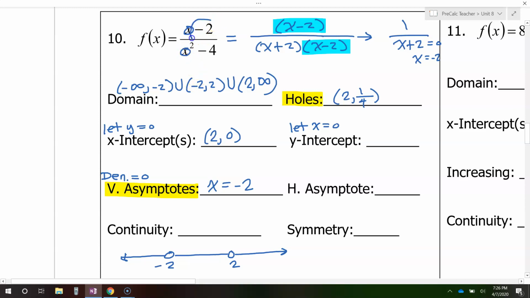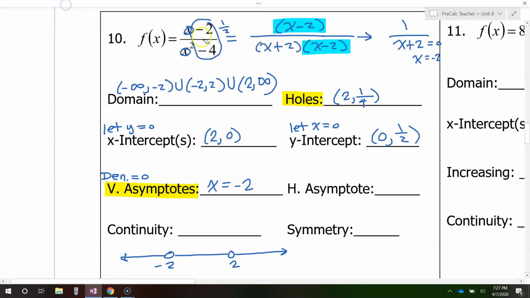That's just going to leave me with this part, which reduces down to positive 1/2. So 0 comma 1/2. I let x equal 0, and the y value turns out to be 1/2. Again, don't just put 1/2. An intercept is an ordered pair. Put 0 comma 1/2.